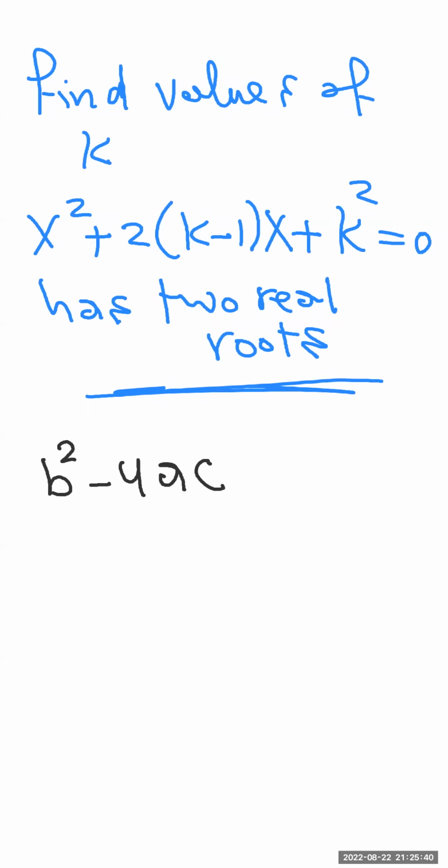Two real roots. I don't know if they are equal or not. If they are not equal, greater than. If they are equal, equal 0. Correct, guys? So in this case, not only greater than or not only equal, both cases, because it's not mentioned accurately if they are equal or different. It's just mentioned in the question, two real roots. That's why I wrote greater than or equal 0.